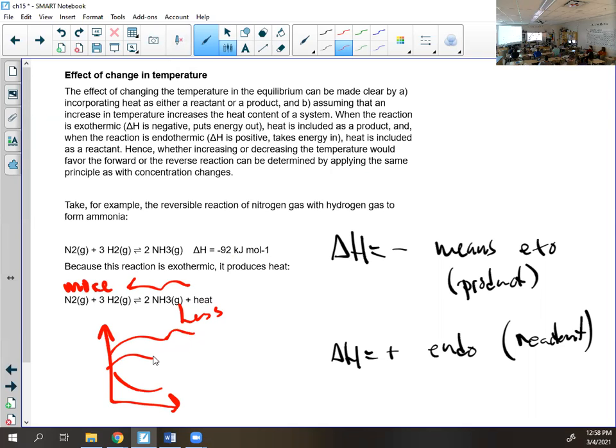So they would come up a little bit and the product would go down. Take away heat, it's the exact opposite. Take away heat, I move towards the products, or the heat term. So it would go up, sorry, products, not reactants. And these reactants would go down.